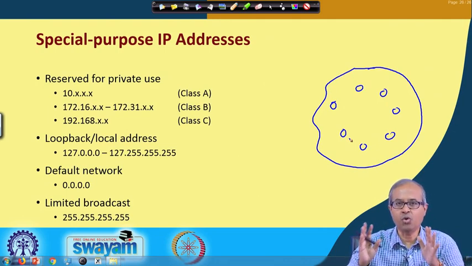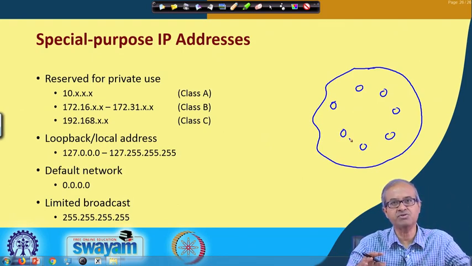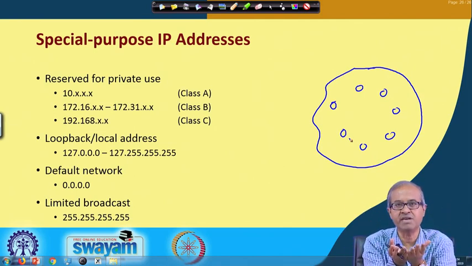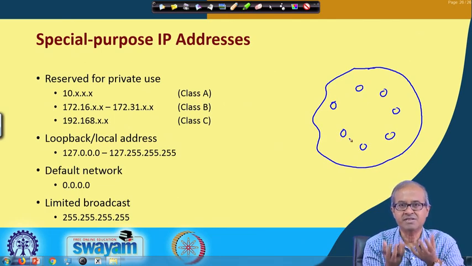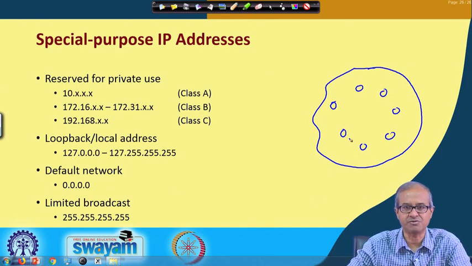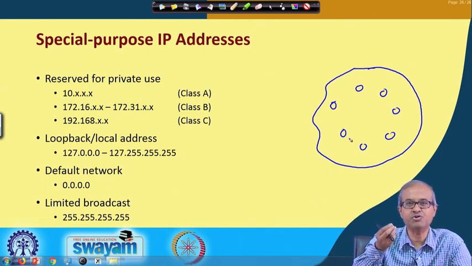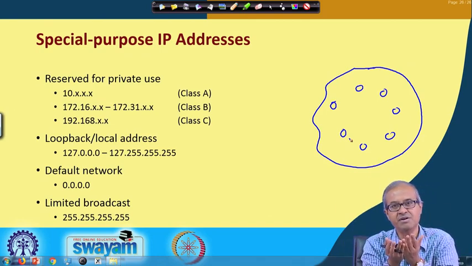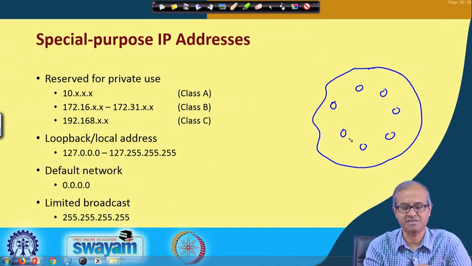I do not need to have unique IP addresses which are not used anywhere in the world, because I am using them only within my organization. So, I can use something called private IP addresses which can be used by others also. That is not supposed to be used publicly with other networks. Only inside your network you can use these private addresses.